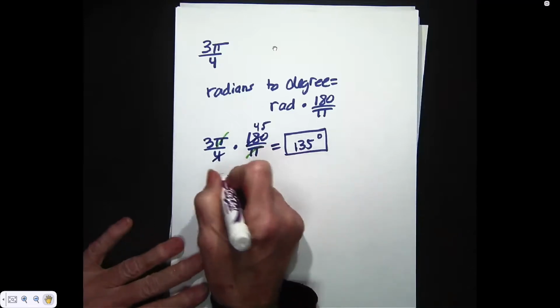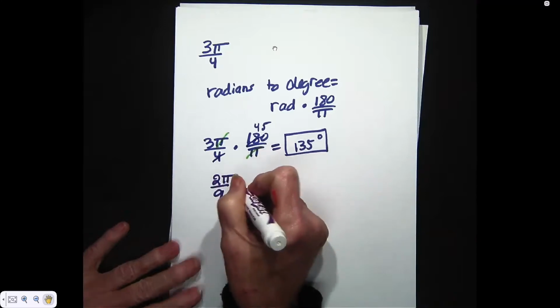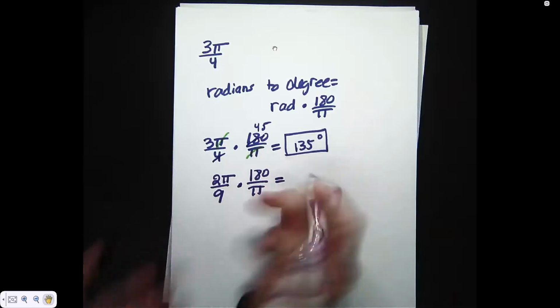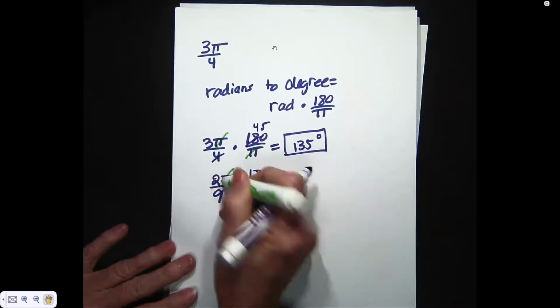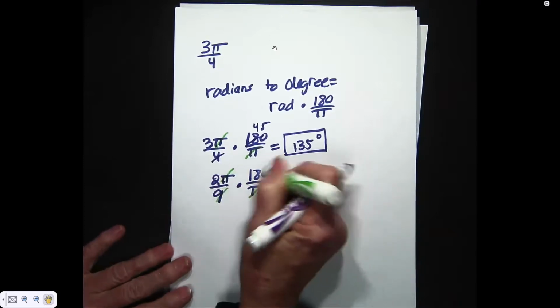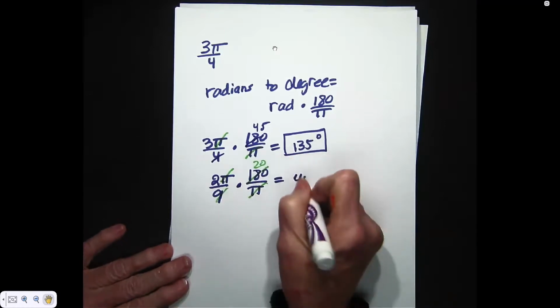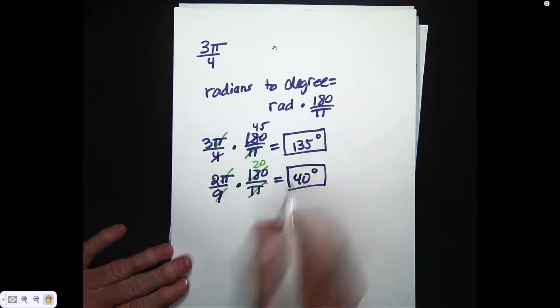I have 2 pi over 9, then multiply by 180 over pi. So your pi's are going to reduce out, and 9 goes into 180 20 times. So that would be 40 degrees.